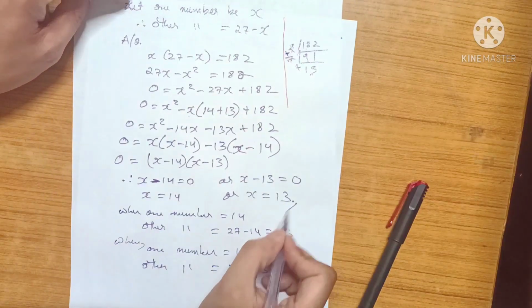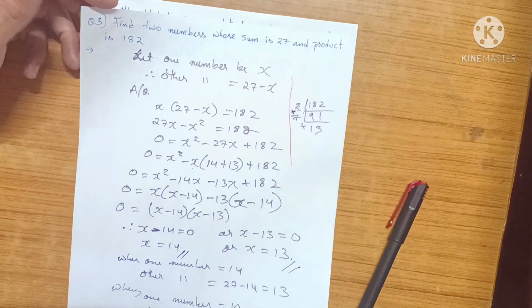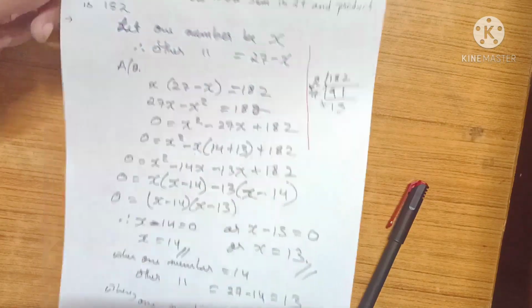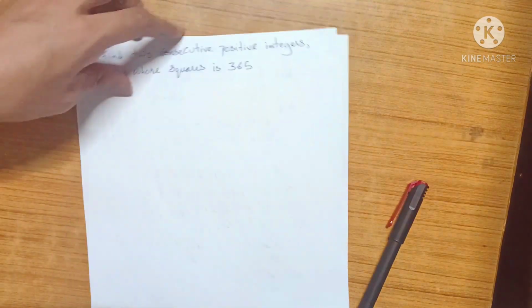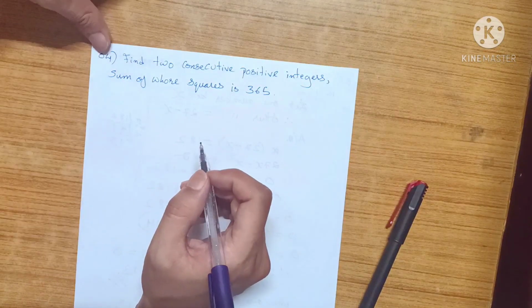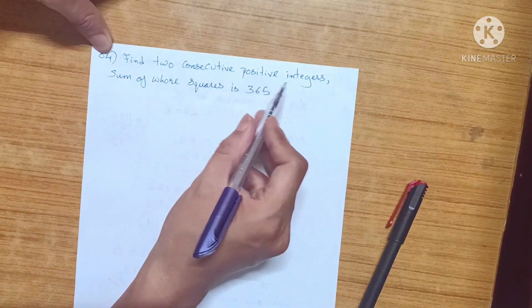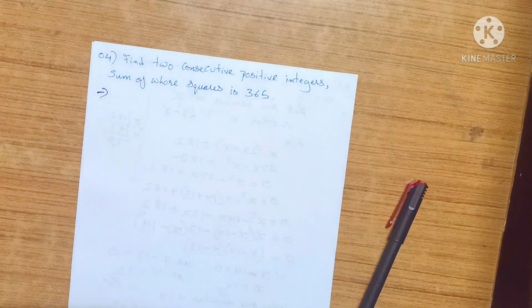In this case, I think you can just end it here for this question. Wait, let's first do the question. Question number 4. Find two consecutive positive integers, sum of whose squares is 365.